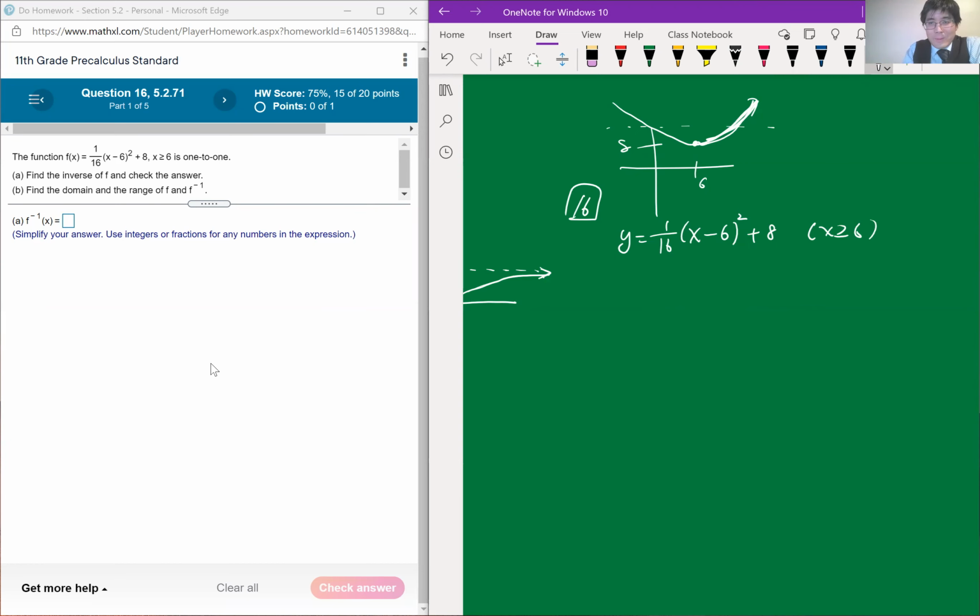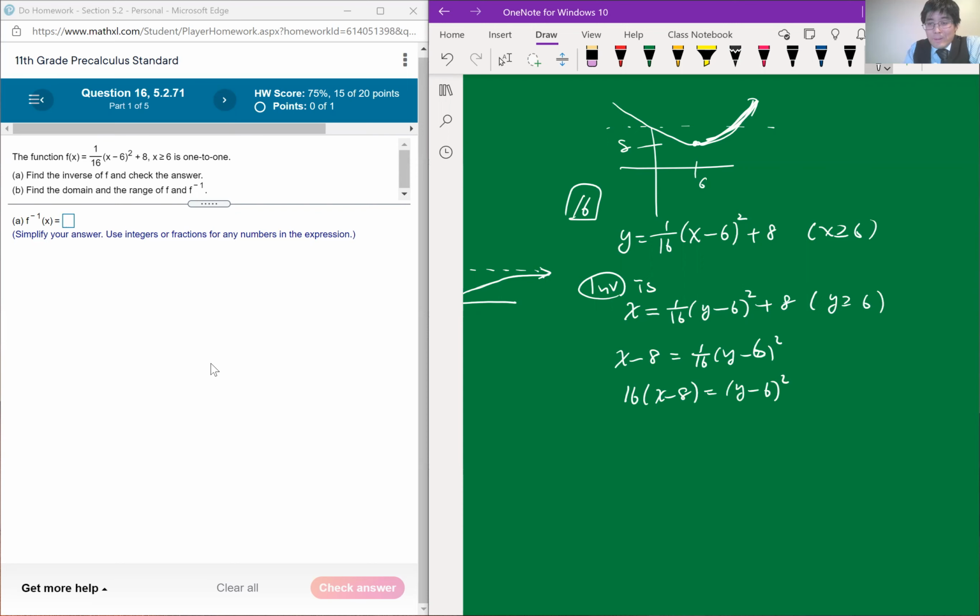Okay, let's find the inverse. Inverse is flip x and y. It's going to be like this. So y is greater than or equal to 6. Okay, move 8 to the other side. Then multiply both sides by 16.